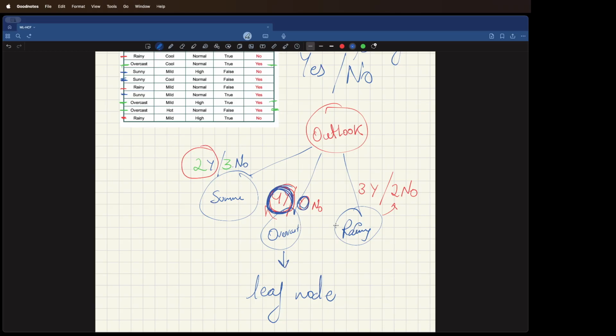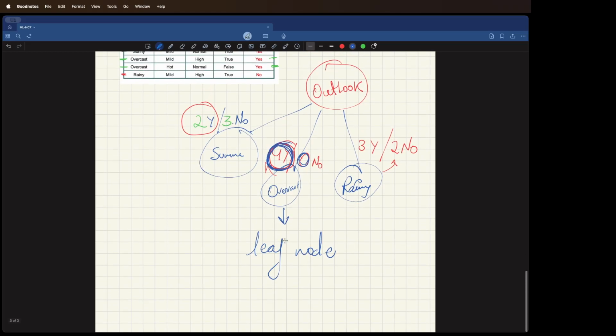If in case, for example, the rest of the two cases are 3 yes 2 no's and 2 yes 3 no's, we will do a further split. This is a leaf node and we call it a pure split. And this is an impure split, this is also an impure split.